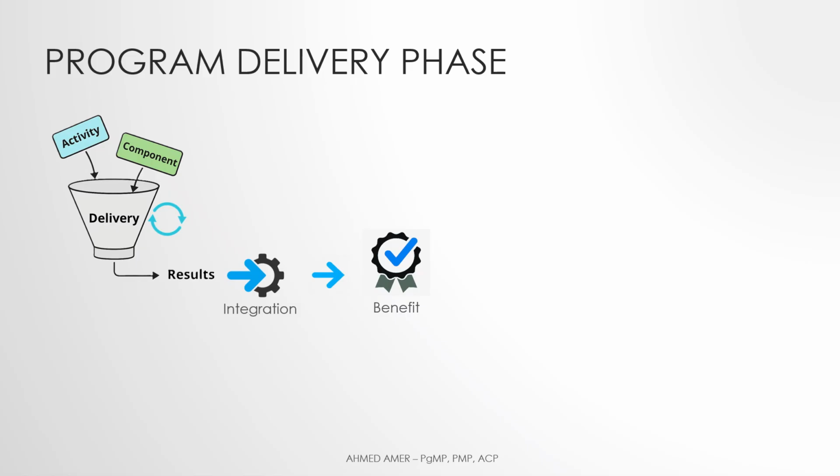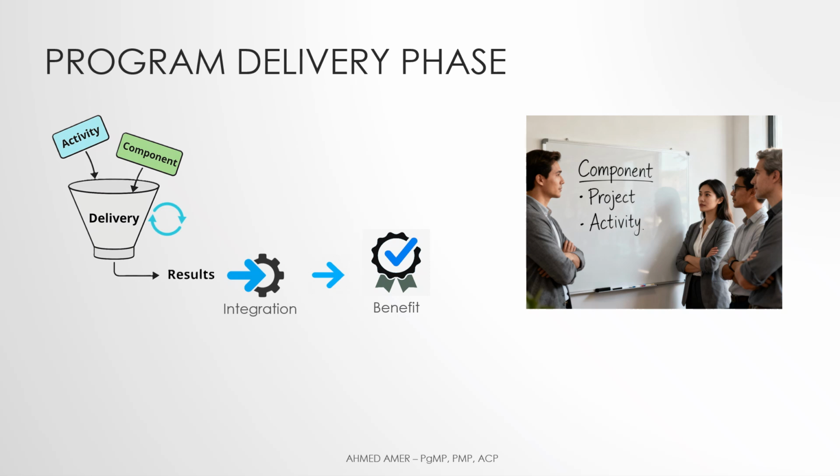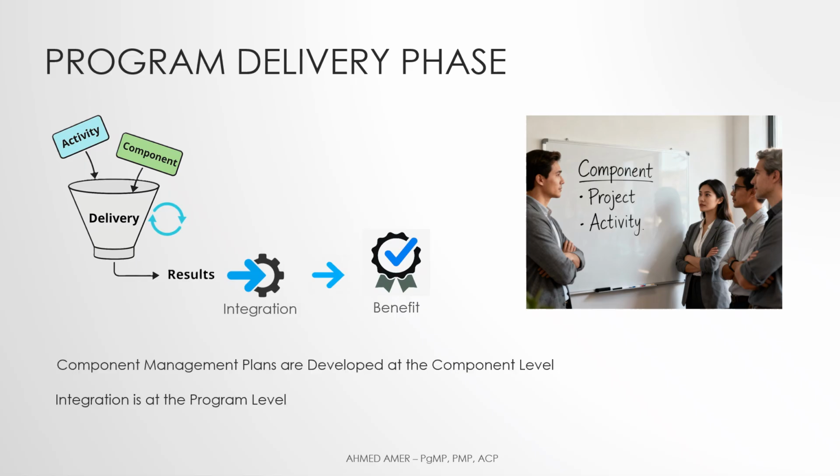The work done in this phase includes the program and its components. This work is overseen by the program team to ensure program components are set for successful completion. In order to do so, component management plans are developed at the component level, then integrated at the program level.